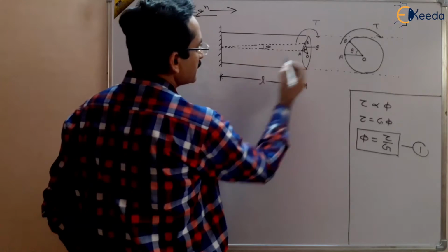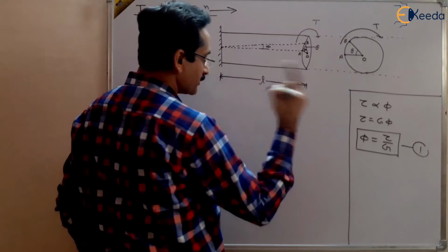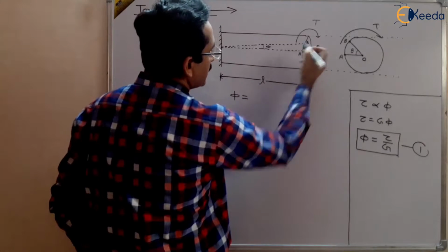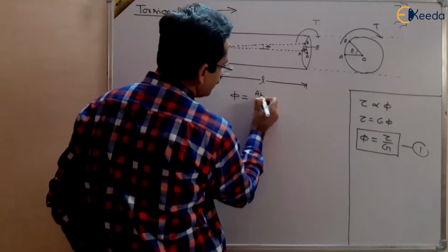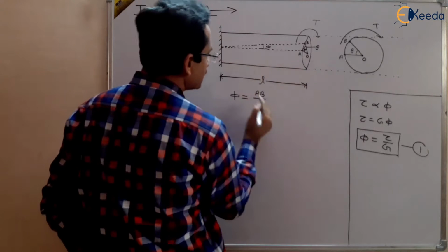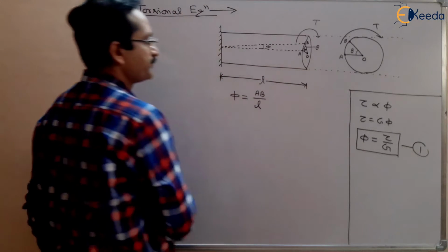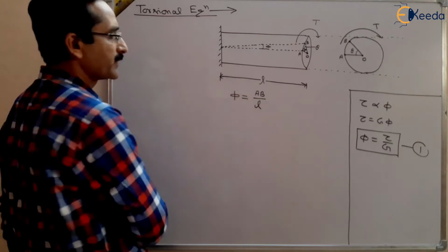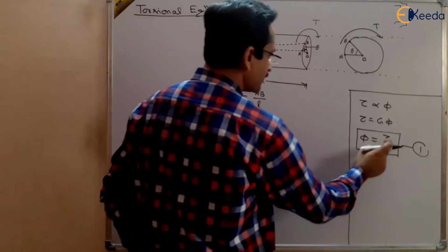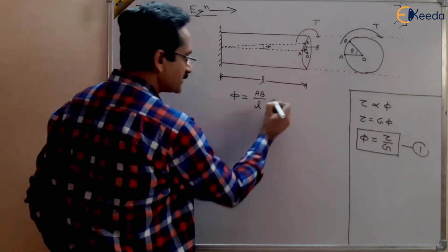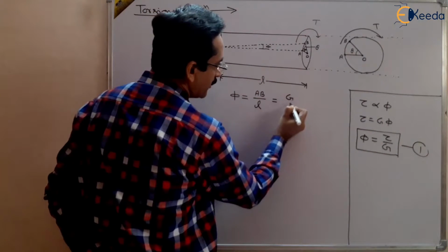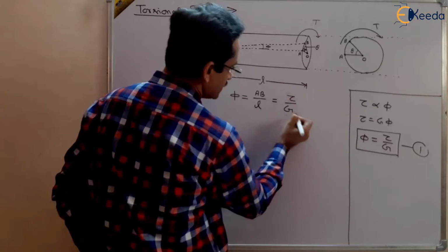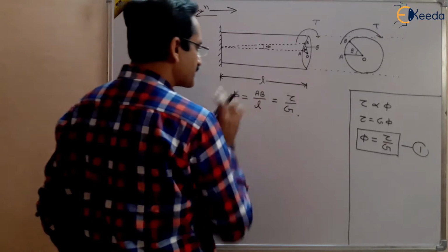Remember that phi is given by the change in length, here AB, upon the original length, which is L. This is our shear strain, right? And we have already read that shear strain is given by tau by G. So this must be equal to tau by G. One equation we have obtained.